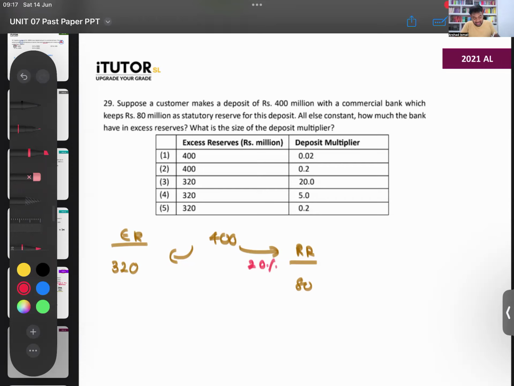So if your SRR is 20%, then how much is your deposit multiplier? With memory, you all should know this. SRR 20% and deposit multiplier is 5 times. So 320 and then 5. So then the answer would be number 4. Questions are easy, not that hard. Manageable. Then go into the next one.